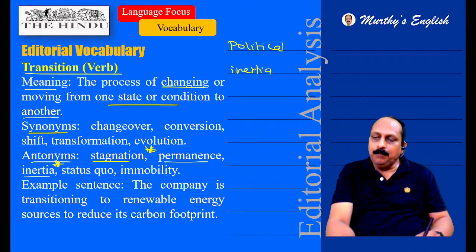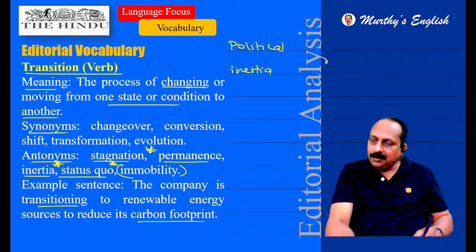Some people never vote. They don't believe in the system. They have this political inertia, an important word. Status quo, an important foreign expression we have got many a time. Immobility goes with a different context. The company is transitioning, changing to renewable energy sources to reduce its carbon footprint. Transition can be a noun, can be a verb.